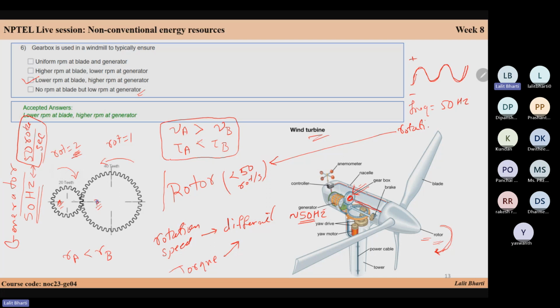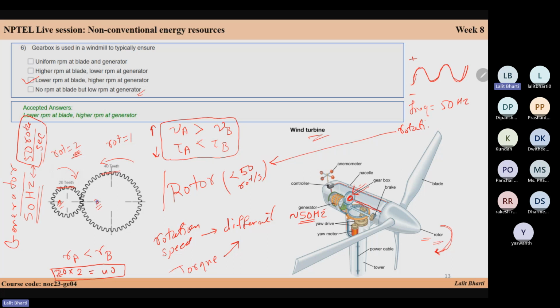At the same time, gear A will rotate twice, because you need to match the number of teeth. So 20 times 2 is equal to 40. If you are changing the rotation speeds, your torque will also change. If your velocity is higher, your torque will be lower for that particular gear.